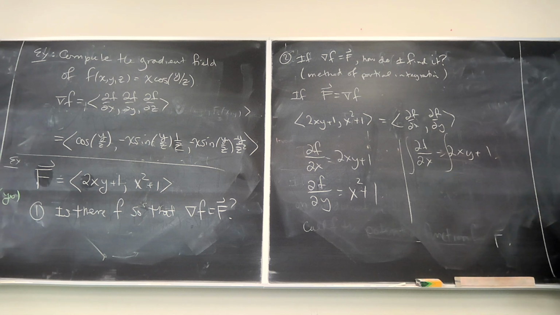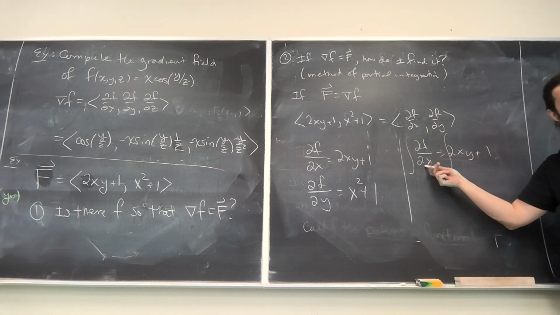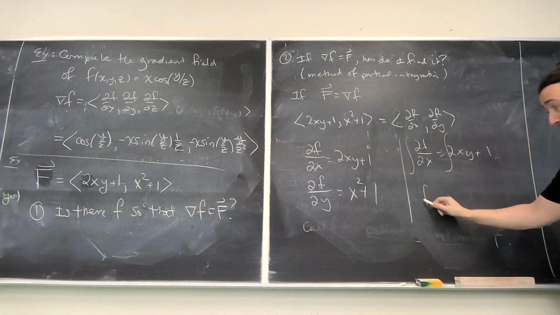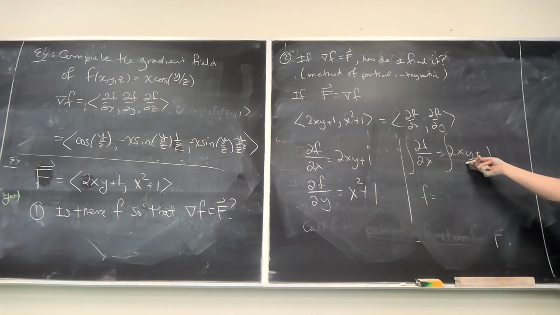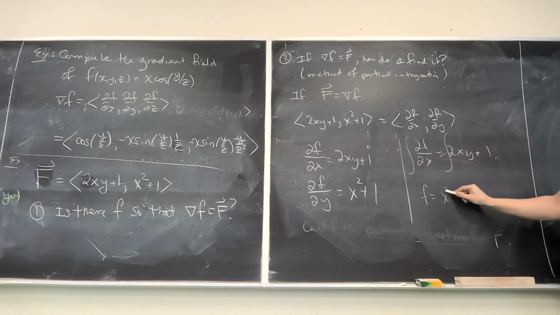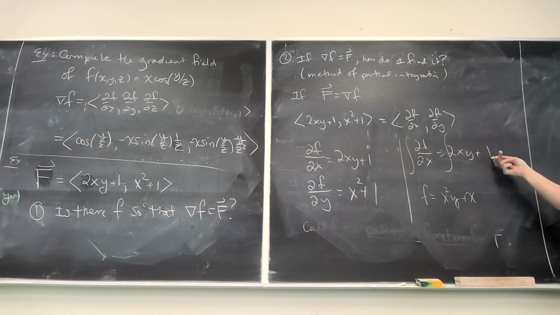I'm integrating with respect to x. I'm undoing this partial derivative. So it's almost like a partial integral. f is equal to, okay, the integral of this with respect to x is x squared y plus x, because the integral of 1 with respect to x is x, plus c. Is it c? Sure.